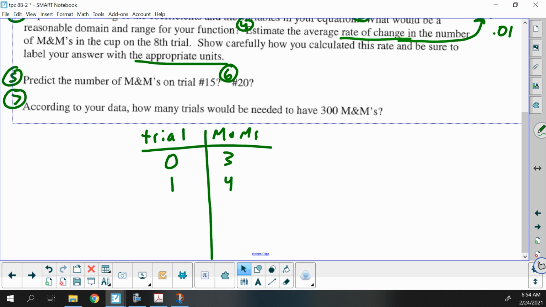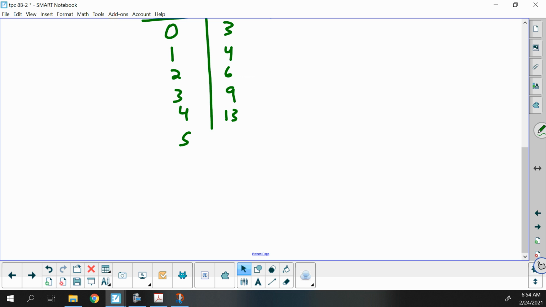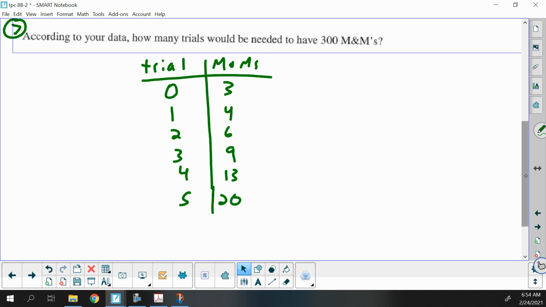Let's say at 1 we had 4, at 2 we had 6, at 3 we had 9, at 4 we had 13, and at 5 we had 20. And you kept going until you either ran out of M&Ms or hit trial 10. But just for the sake of showing you what to do here, we'll work with this.